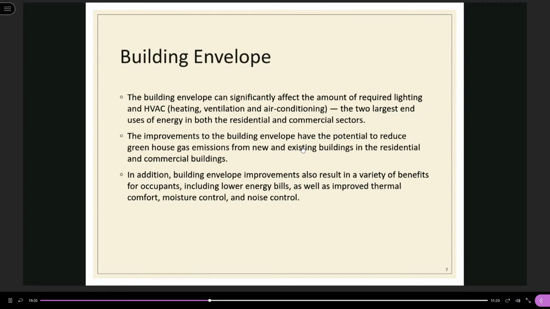The improvement of building envelopes has the potential to reduce greenhouse gas emissions from new and existing buildings in the residential and commercial sectors. So for Hong Kong, the air conditioning system and the lighting system rely on electricity. Okay, so in order to generate electricity, we need to burn fossil fuels.